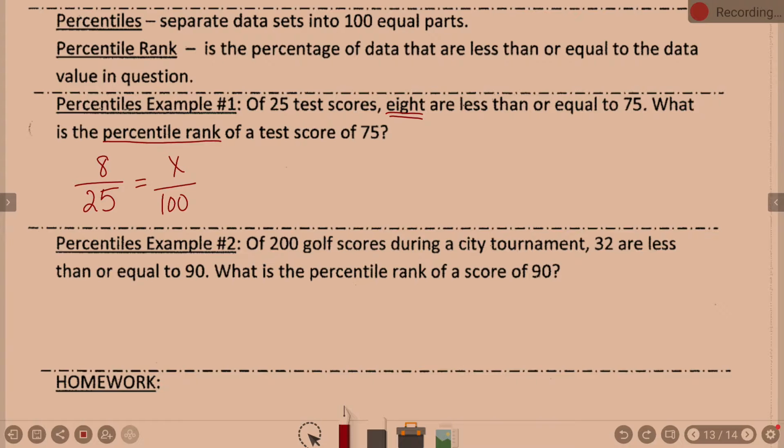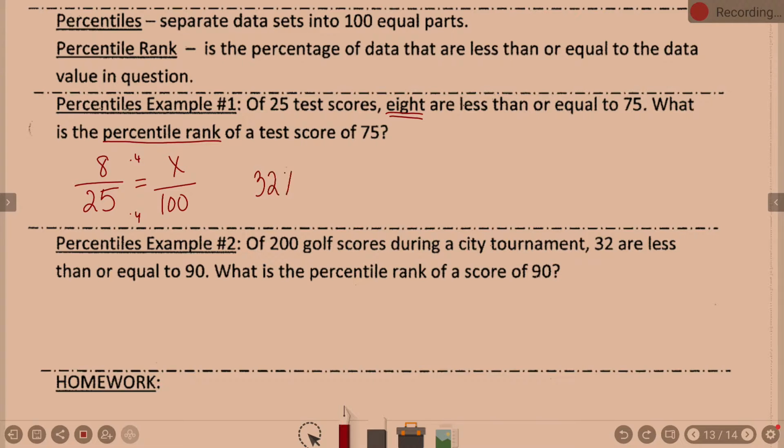I don't remember. There are so many different ways you can do this problem. I think I just multiplied 25 by 4, and 8 by 4, and that works because it's a nice, easy one. 8 times 4, and so we end up with 32%.